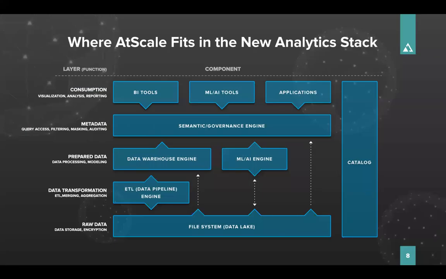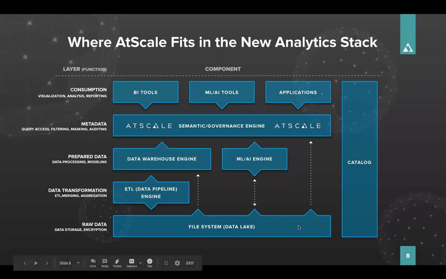So where does AtScale fit? We're really that semantic and governance engine that sits between your applications, your AI and BI tools, and the data. We can access data from the data lake if you're in the cloud or in Hadoop. We can also front any kind of data warehouse, whether that be Spark on your AI and ML engine side, or any of your cloud data warehouses like Snowflake, BigQuery, and Redshift.